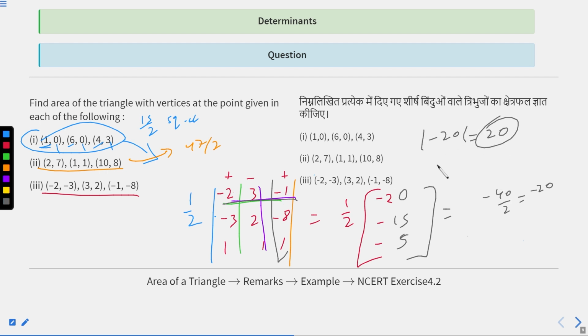So your area in this case will be this. If you recall our remarks, the second remark was talking about the absolute value. The determinant can give you a negative output, but in the case of area, you have to take the absolute value. So this will be your 20 square units.